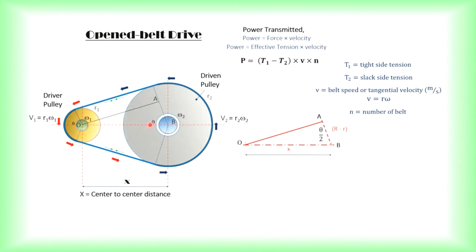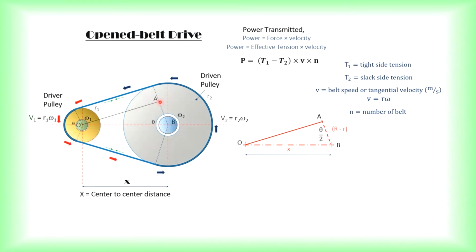Now, what about theta, the angle of lap? If you want to find the angle of lap or wrap, you can take this triangle that I have drawn here. From point O, you draw a straight line which is parallel to the line of the belt which we have drawn geometrically.